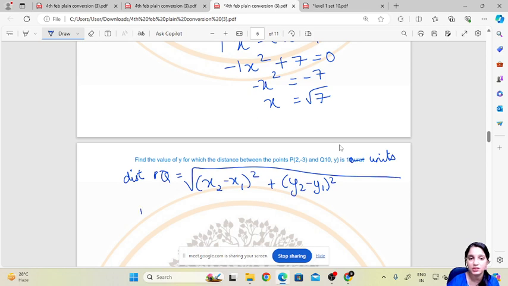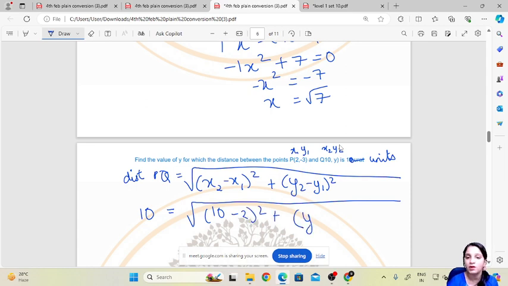Distance of PQ is 10 equal to root, this one is x1 y1, this is x2 y2. x2 is 10 minus x1 is 2 the whole square plus y2 is y minus y1 is minus 3, which will be plus 3, the whole square.